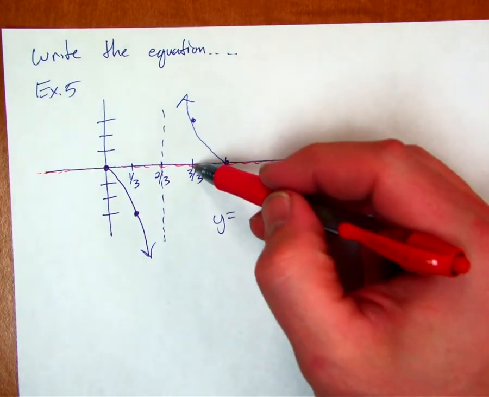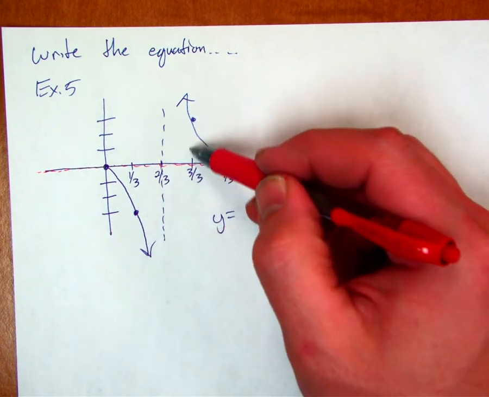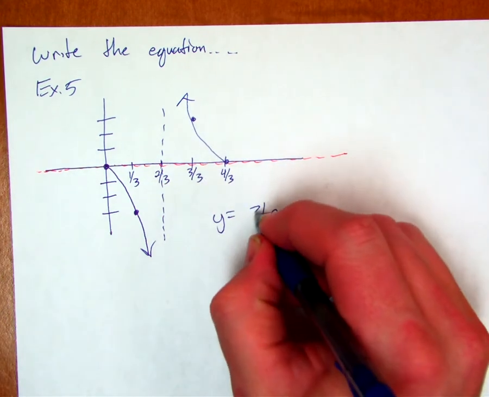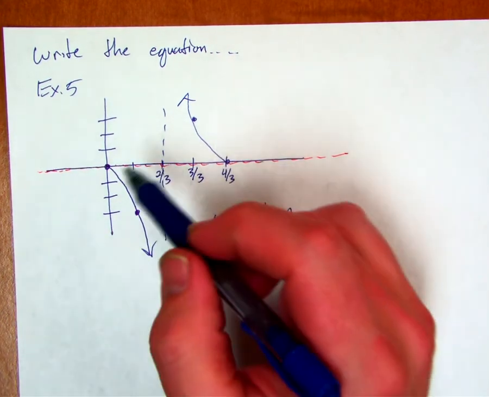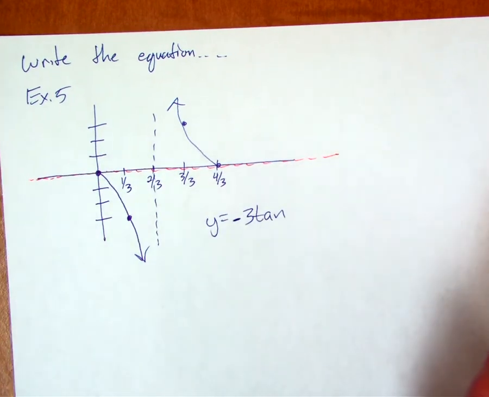However, it does tell me what my amplitude was, quote unquote. How far did I count up or down? Well, the answer right there is 3. The question is, do you make it negative or positive? Well, because you went down first, it is a negative amplitude.